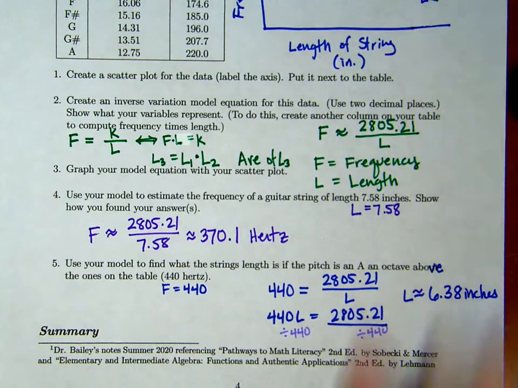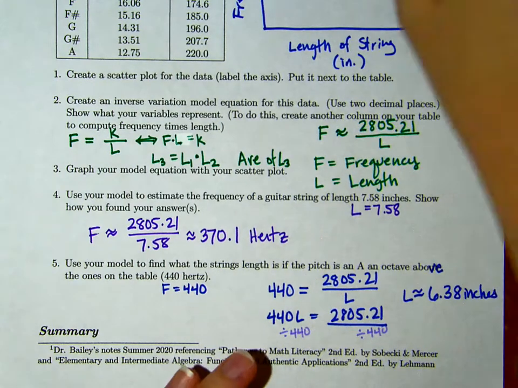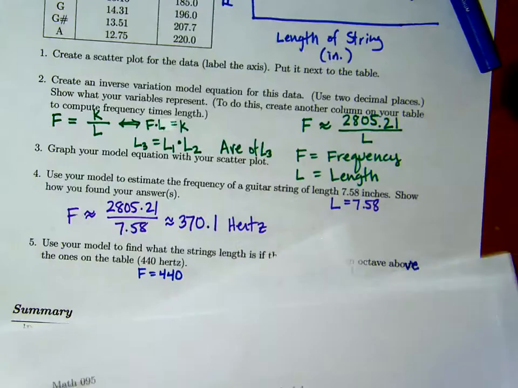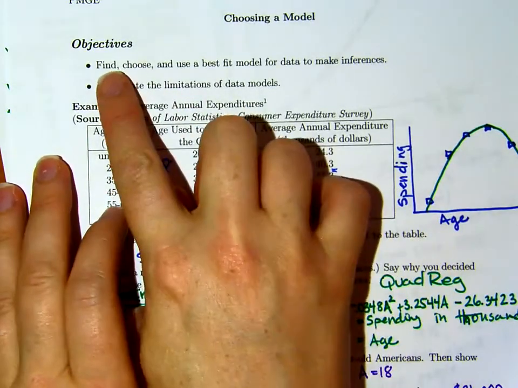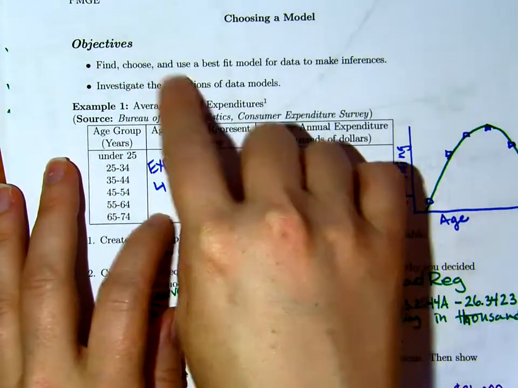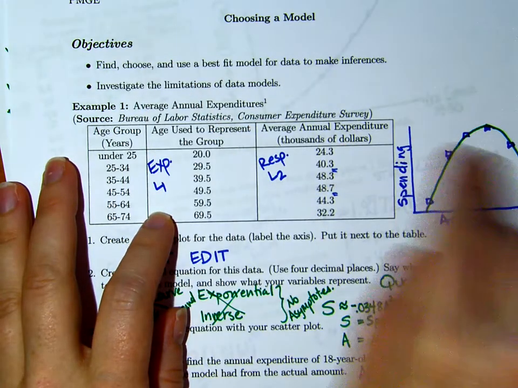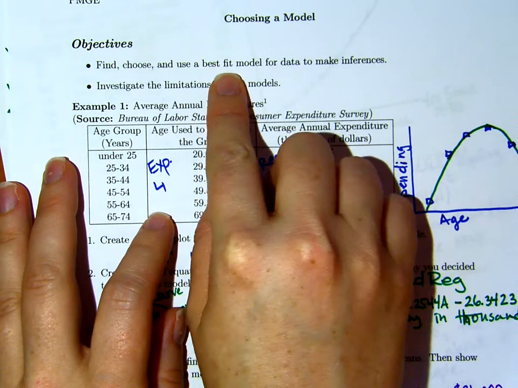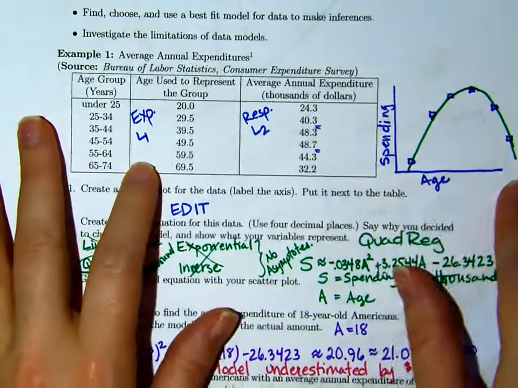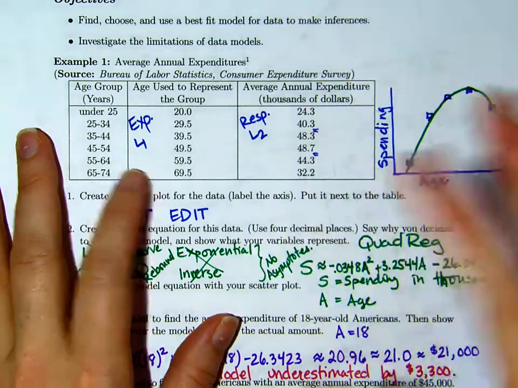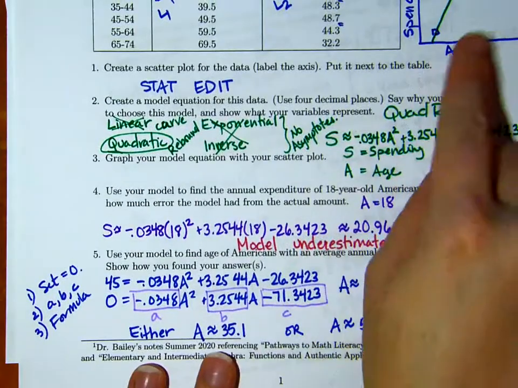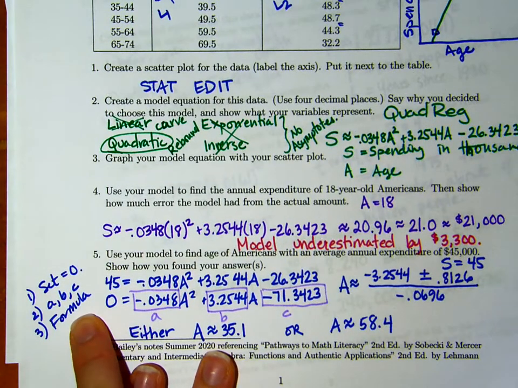Got it. As a quick summary of everything that we just did: first we had to input the data, then we made a scatter plot, then we chose a model, then we wrote our model and made sure it fit. After making sure it fit, we looked at what we could do with that model. For instance, if it was a quadratic, we could use the quadratic formula.